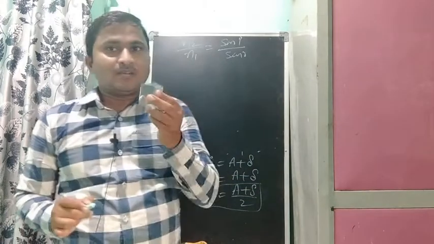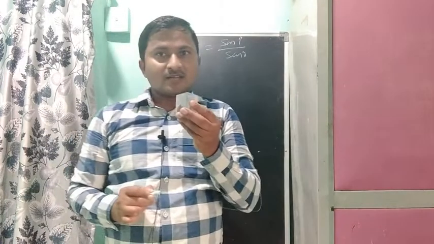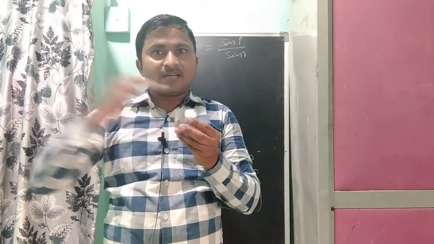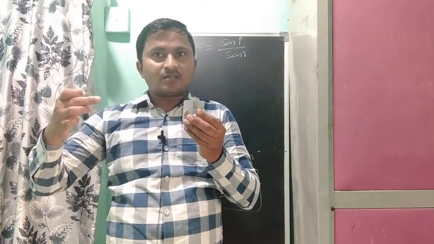Here the prism is placed in air, so air becomes the first medium and the prism becomes the second medium, because the light passes through air, is incident on the prism, and after refraction passes through the prism.